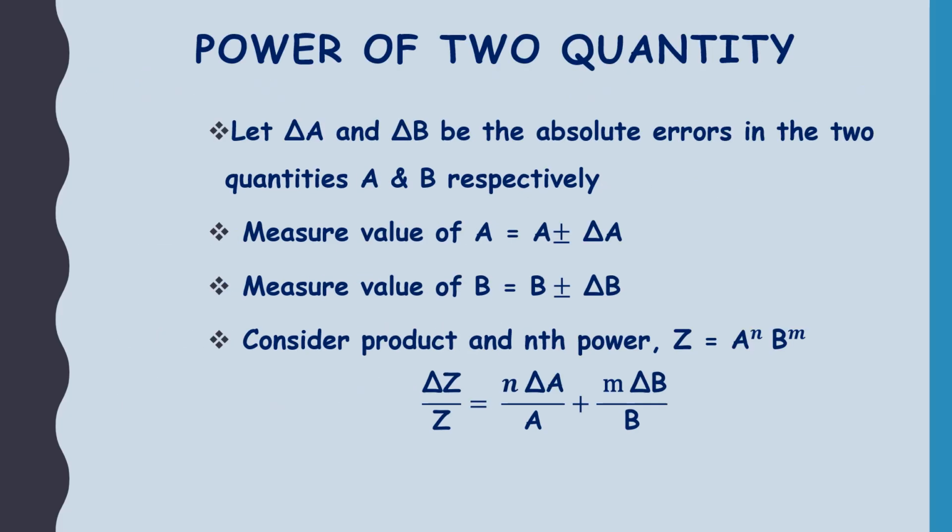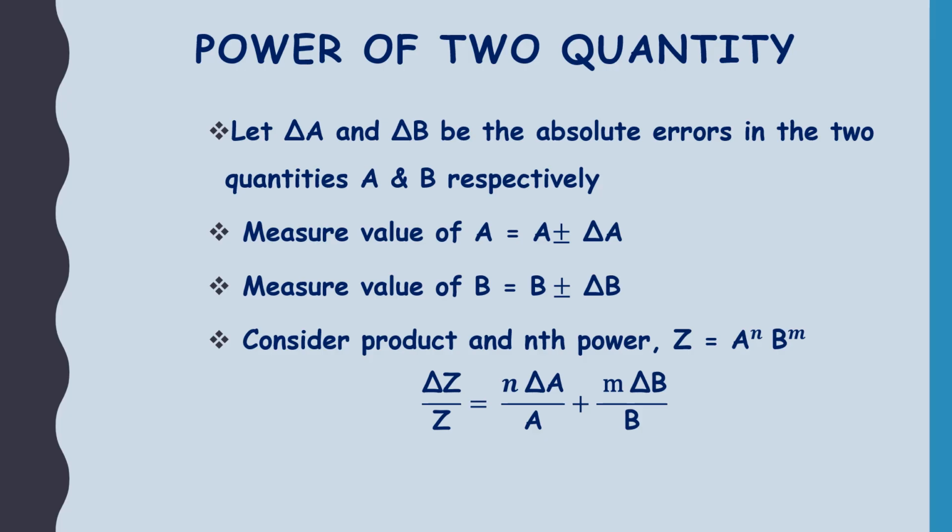The errors in the power of a physical quantity. Again consider that z is equal to a raised to power n and b raised to power m. By putting the values of a and b and solving this, we have delta z by z is equal to n multiplied by the fractional error in a plus m multiplied by the fractional error in b.